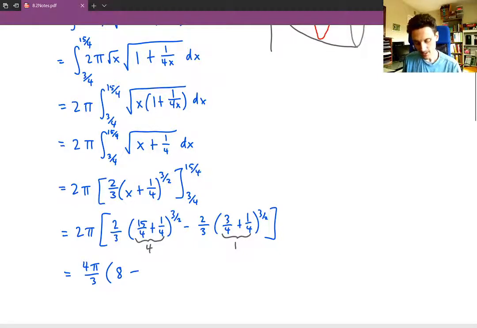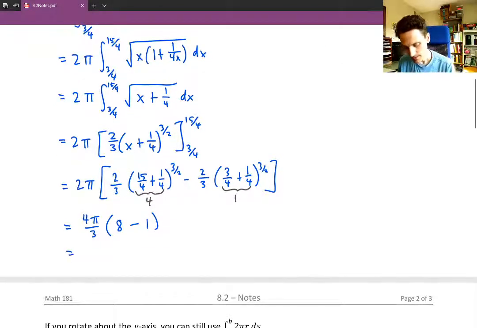Then you have minus, I took this 2/3 out already. So then we have 1 to the 3/2. I think I said 2/3 earlier, I meant 3/2. 1 to the 3/2 is just 1. So you get 7 times 4 pi, which is 28 pi over 3.